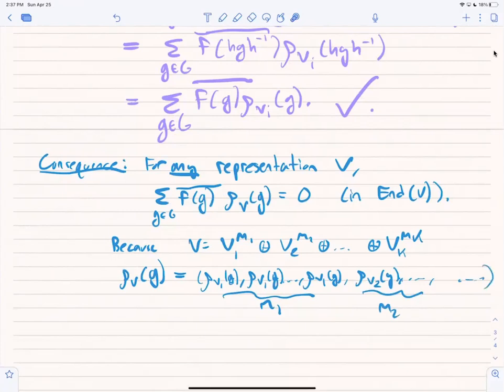The point is, elements are preserved in each summand in this decomposition.